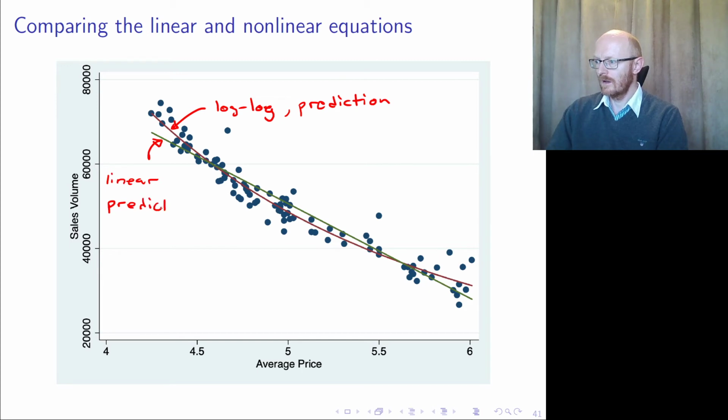Okay, so you see that the log prediction follows the data more accurately. So it's not biased, whereas the linear prediction is biased downwards for low average price, biased upwards for medium average price, and biased downwards for high average price again.